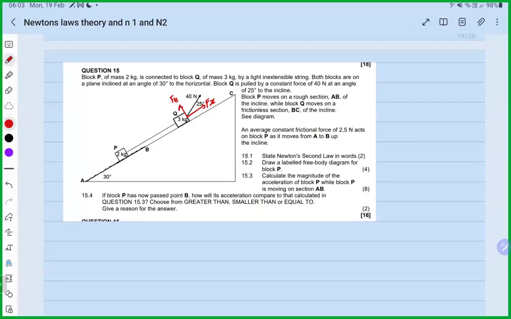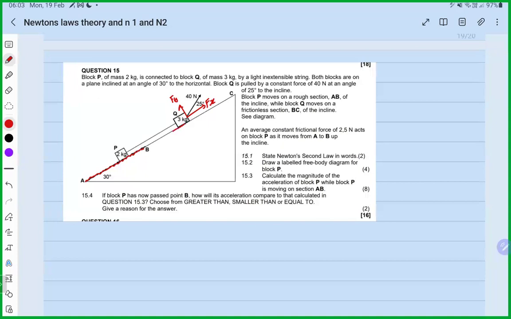And then obviously you're going to have your gravitational force broken up into components. The incline is at 30 degrees and the applied force is at 25 degrees. And one more thing, you've got block P over here that moves over a rough surface as indicated there, and Q is on a frictionless surface.